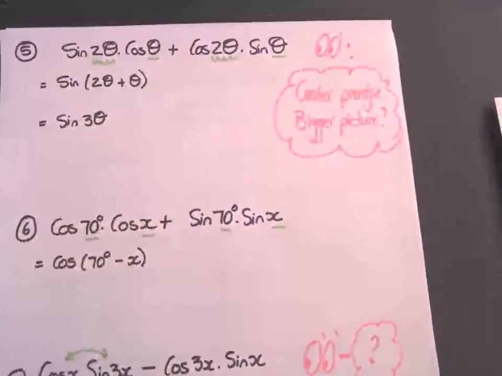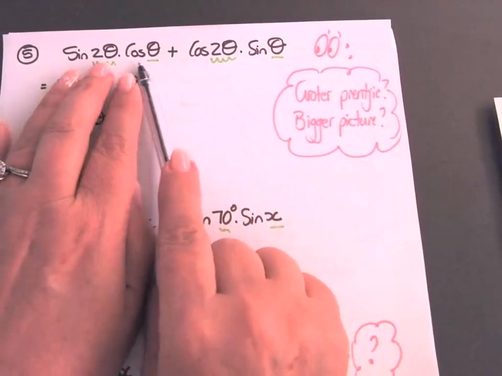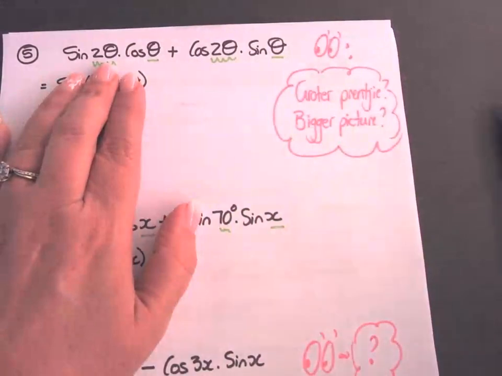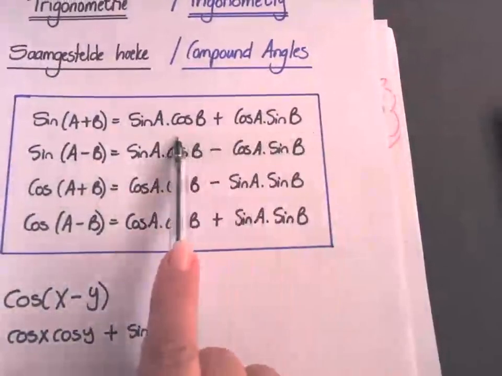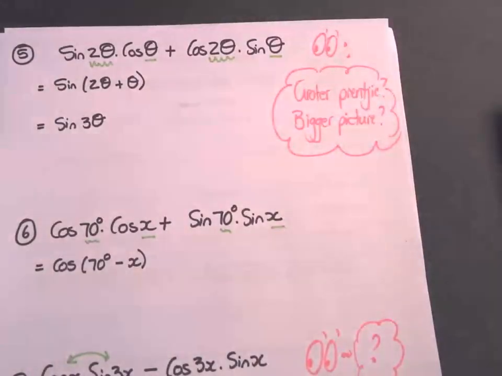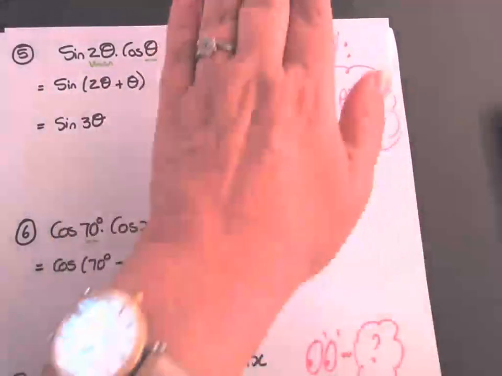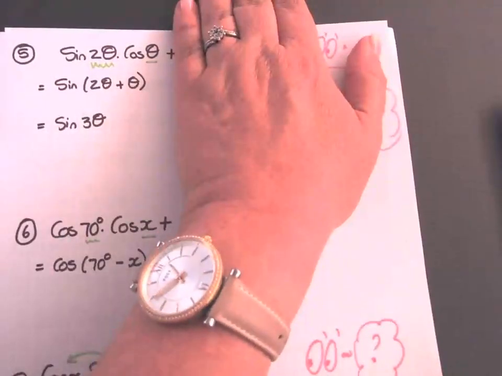Question 5. Now I give you the last part of the compound angle. So I start at the back and then I want the front part. So always look for the bigger picture. Don't just stare at the first term, you won't get far.